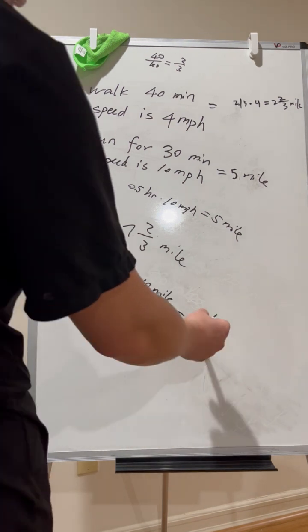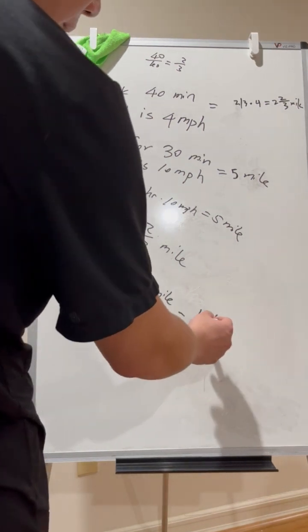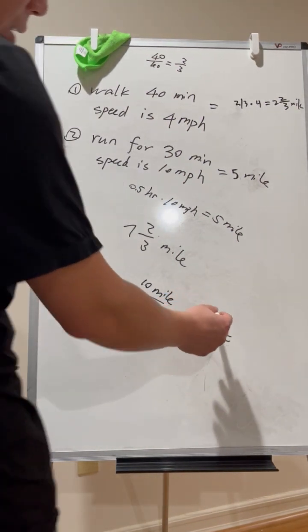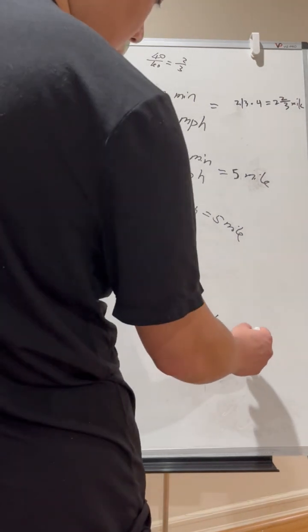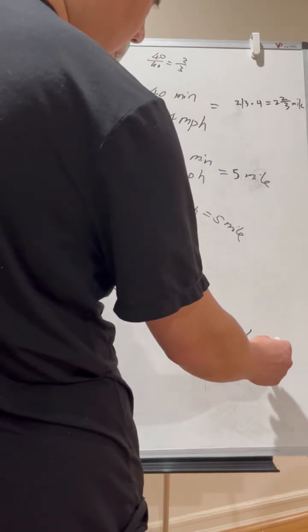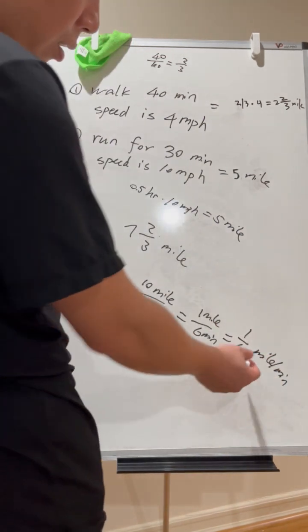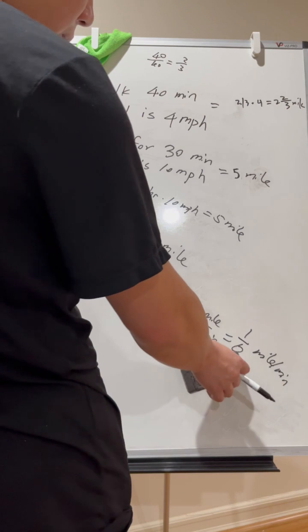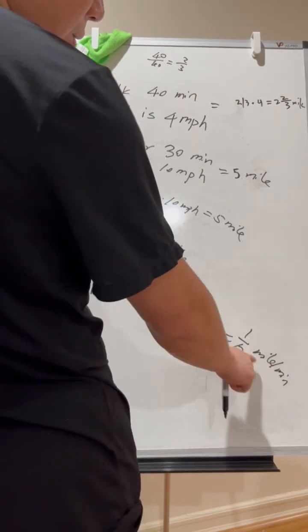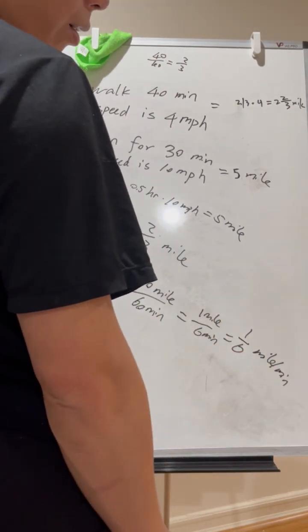Yes, exactly. Here is 1 mile, you need 6 minutes, and so each mile per minute is 1/6, right?